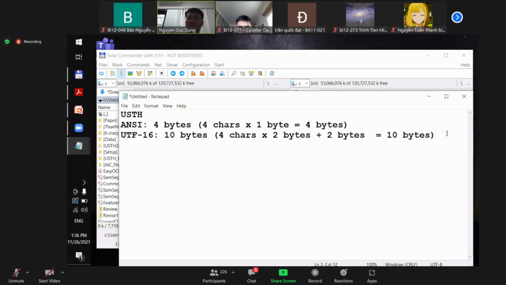Now, the next document is with the Việt Pháp characters. ANSI costs me 9 bytes. With UTF-8, it requires 12 bytes. Okay, I know that 9 characters, each character requires 1 byte, 9 bytes.